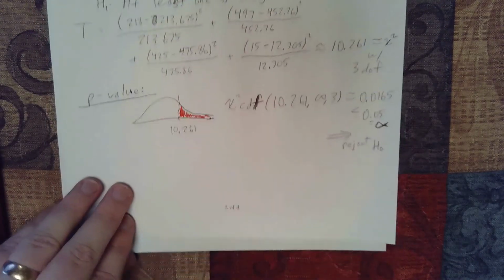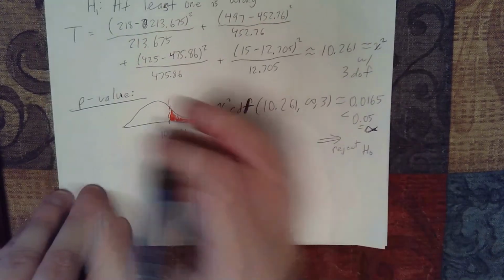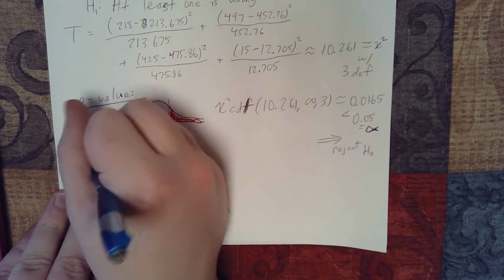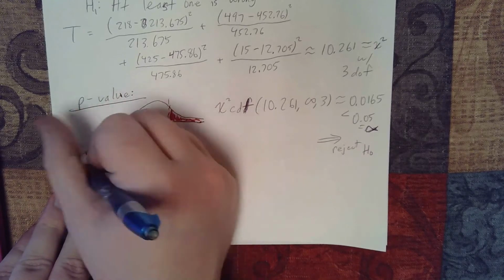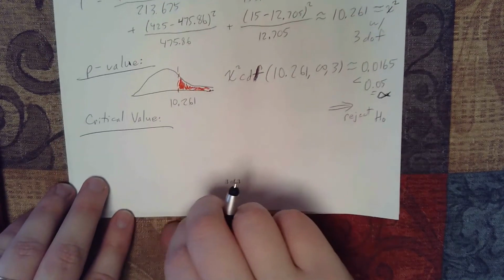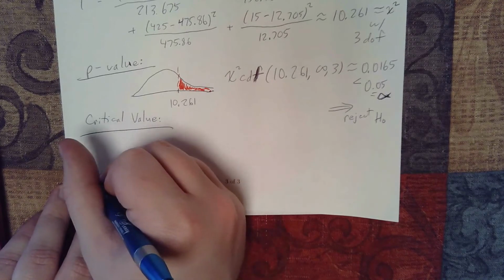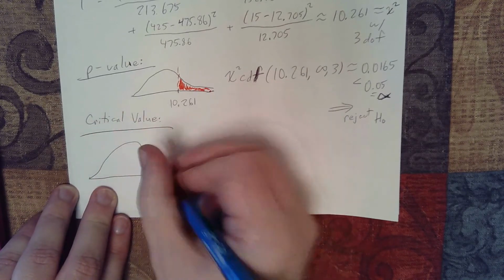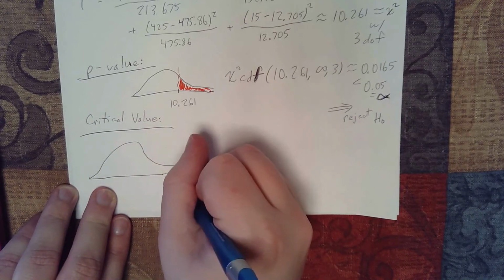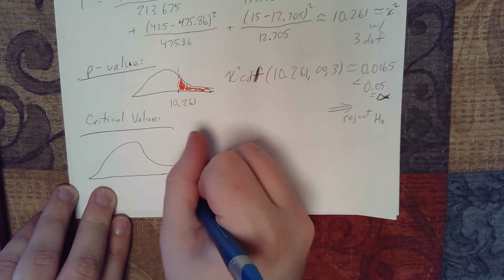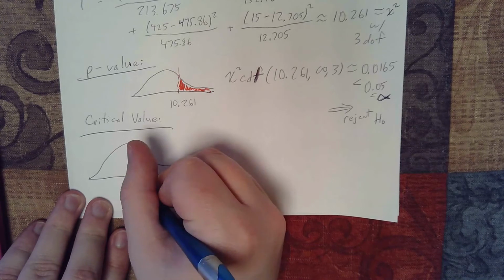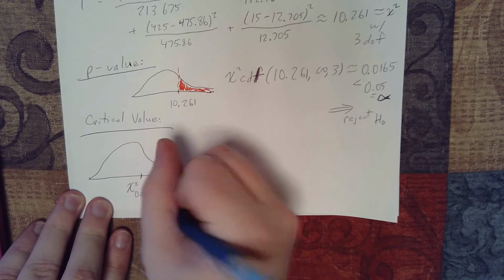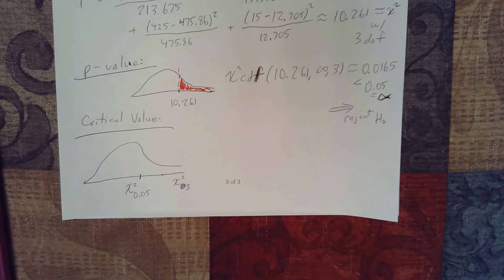So again, critical value won't tell us anything different, but just for fun, with three degrees of freedom, we want to figure out what this chi-squared of 0.05 is.